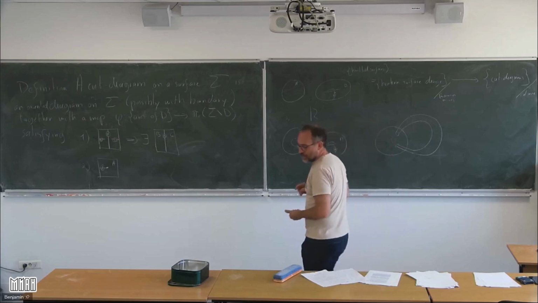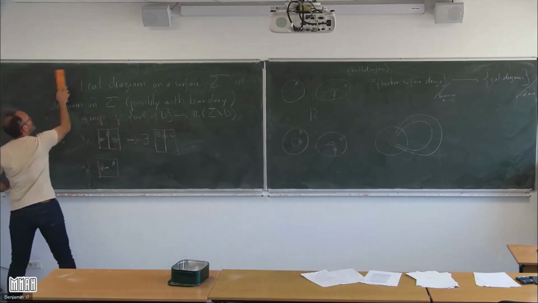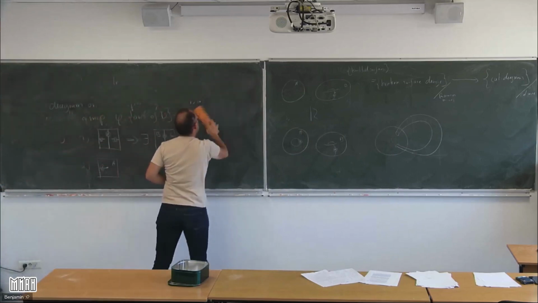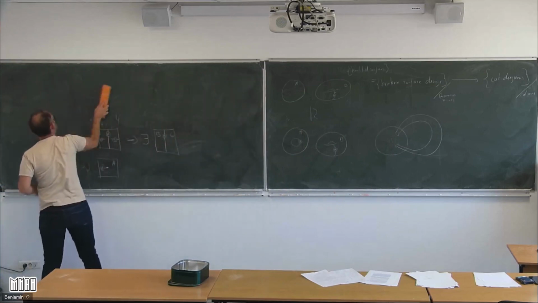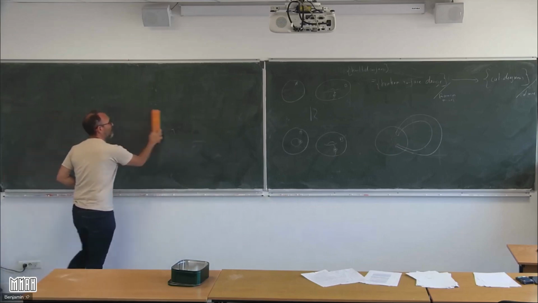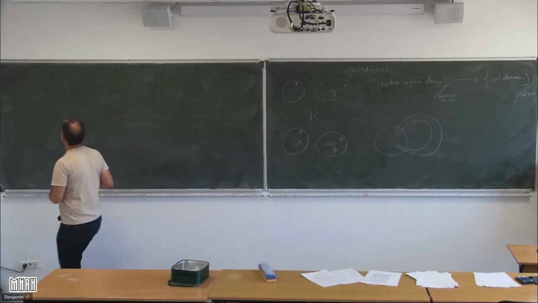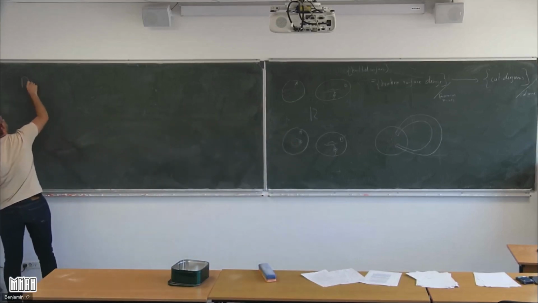Perhaps there is one proposition. No, one definition first, because I introduced the group associated to a cut diagram, and this is an important thing, so maybe I should name it.